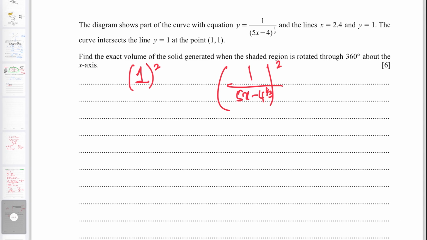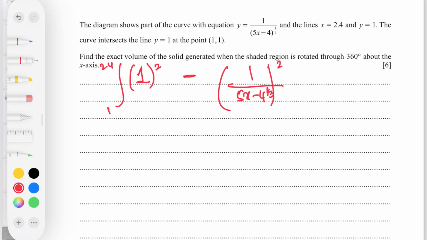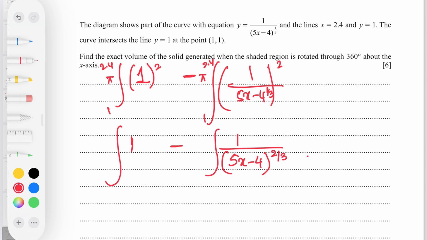Minus. I'm going to take a pi common out and I will write it towards the end. Dot dx, because we have to integrate it with respect to x.